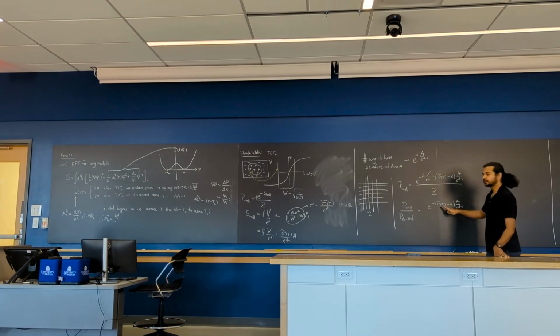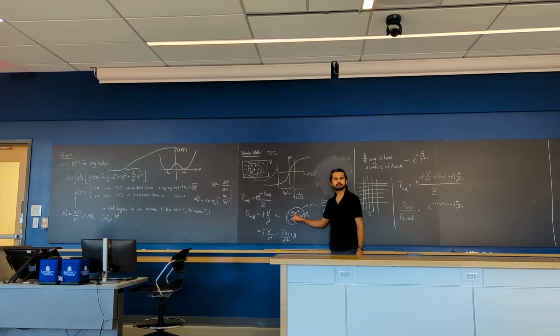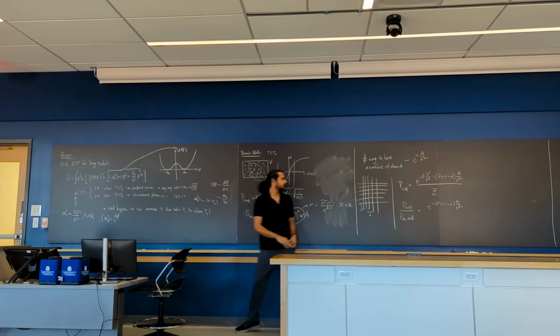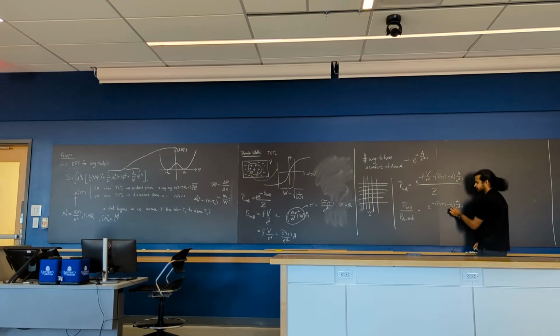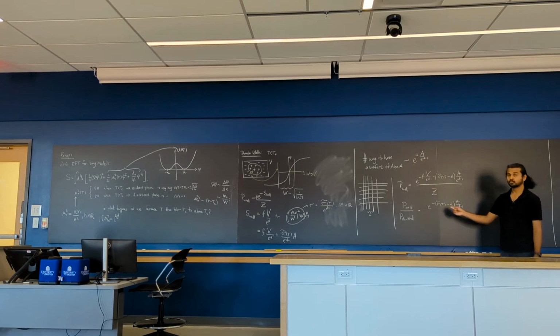However, when T goes to Tc, mu0 vanishes, so m0 vanishes. So this thing goes really small, meaning this term dominates, so it's e to the plus alpha times A to the d minus 1. So the probability of having a wall becomes larger than the probability of having no wall as we approach the critical temperature.